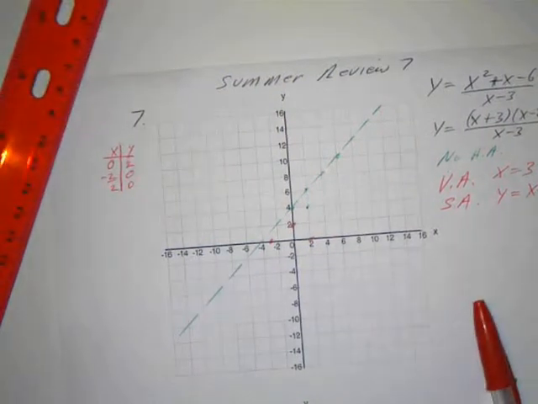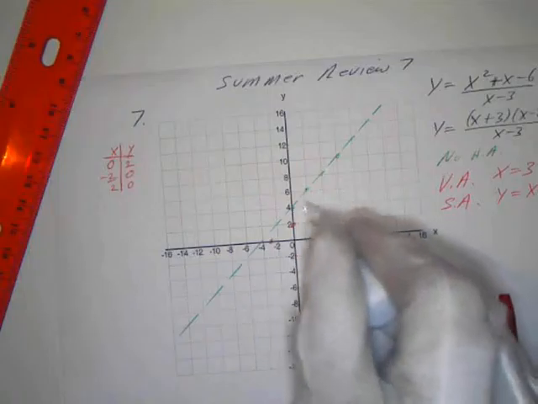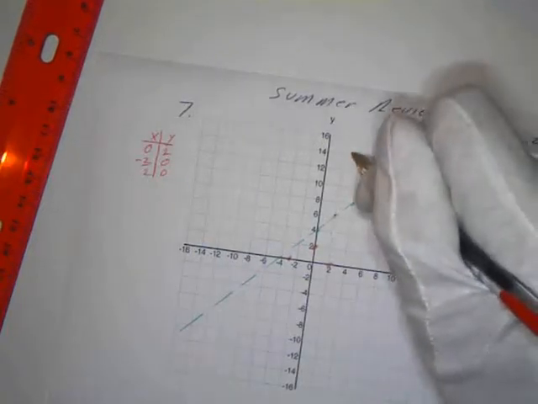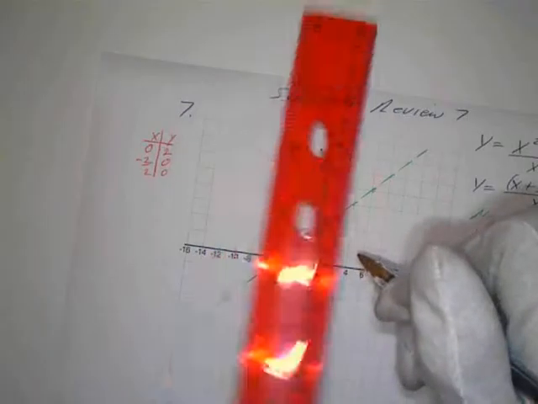Let me white out this little dot that I made by mistake here. It doesn't belong there. And then x equals 3 is the vertical asymptote, so I'm going to have to divvy this up here because I'm using a scale of 2s.